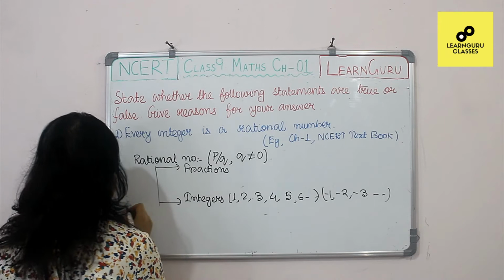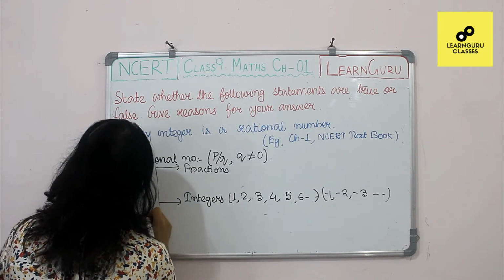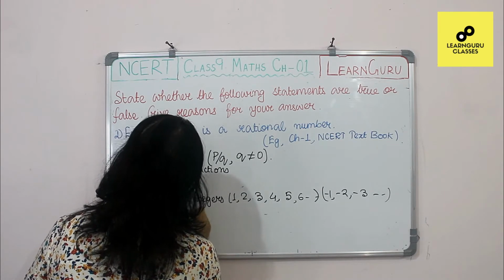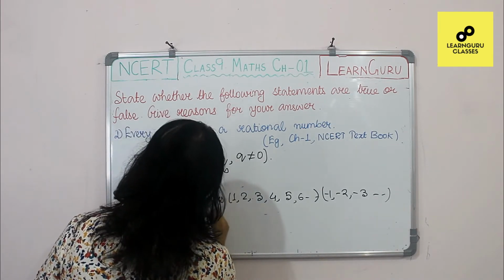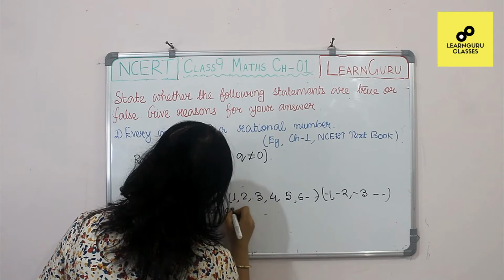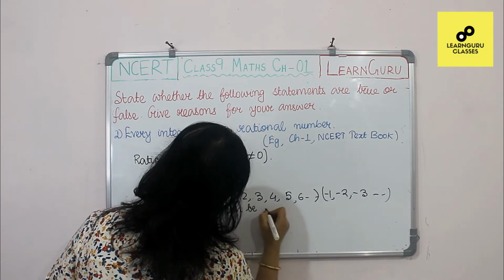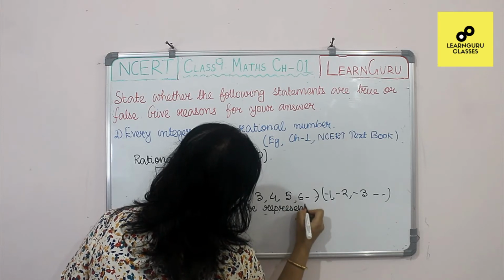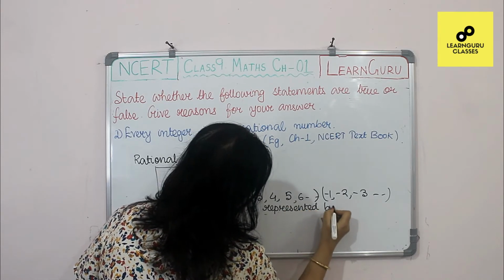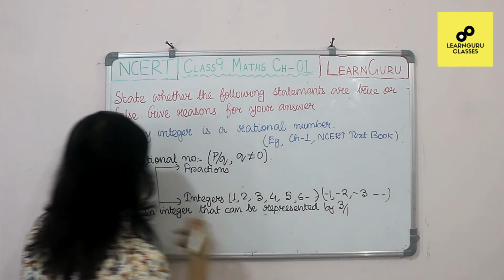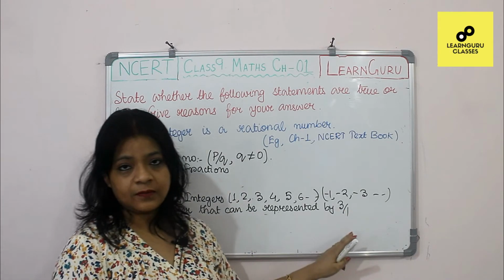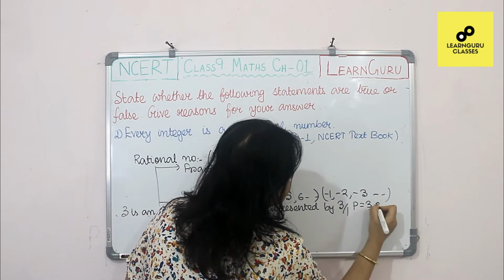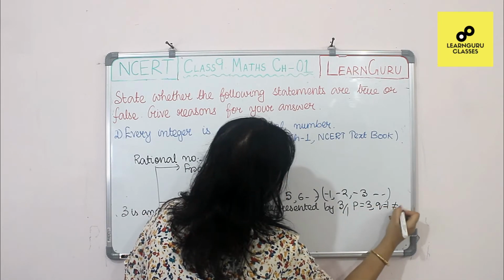Now 3 is an integer that can be represented by 3 by 1. Yes, 3 can be represented by 3 by 1, where p equals 3, q equals 1, not equal to 0.